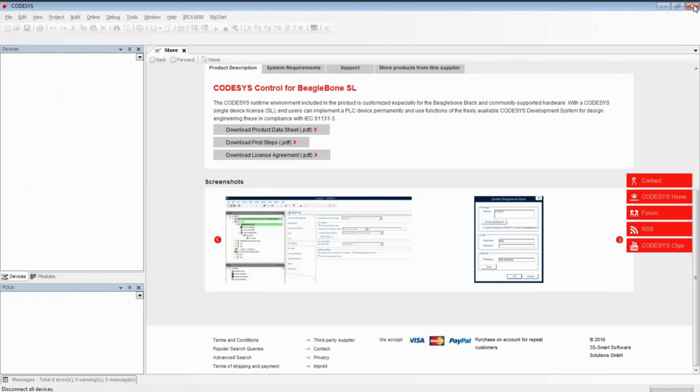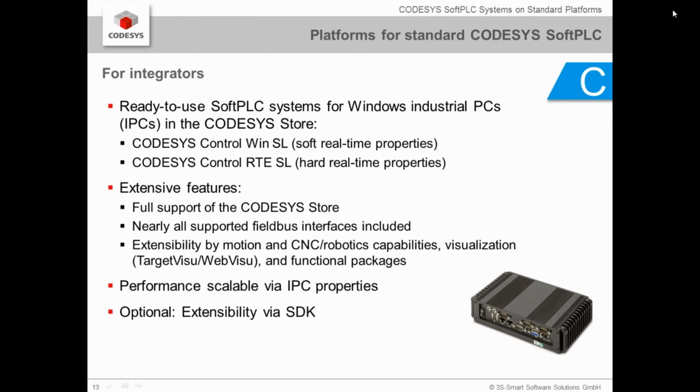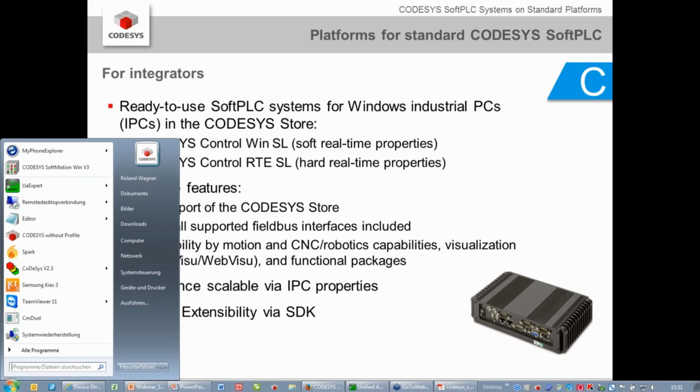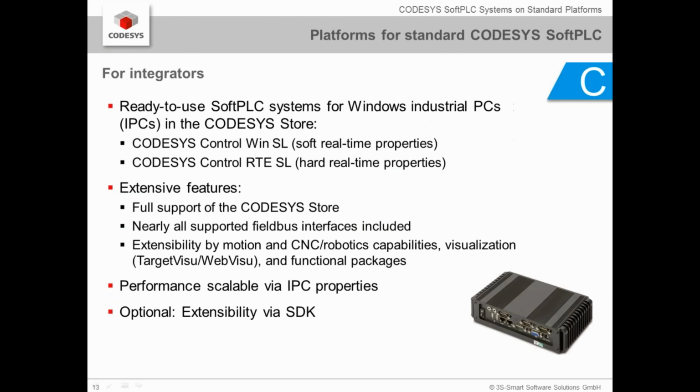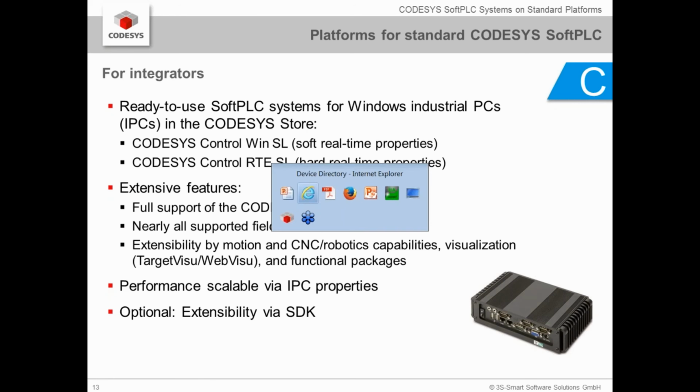And as already mentioned, I need to close CODESYS and restart it again. CODESYS version 3 is a modular system which is linked during the startup time. It's based on .NET, realized in C#.